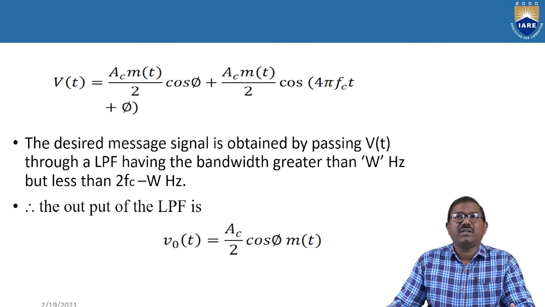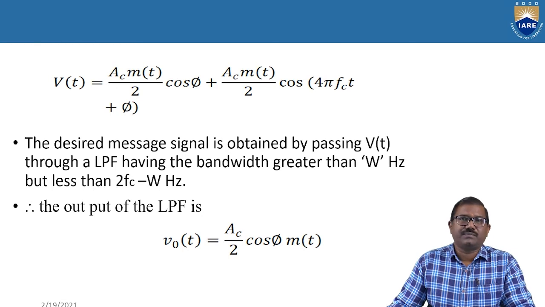The second term has 4 pi fc t, which is a high frequency term, and this high frequency term is attenuated by the low pass filter. So finally, you get v0 of t equal to Ac by 2 cos phi m of t.